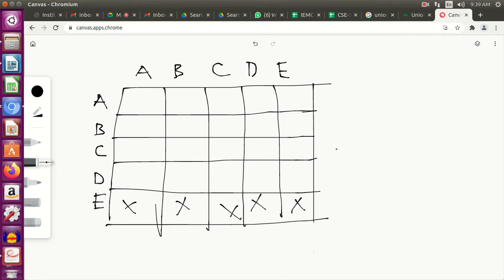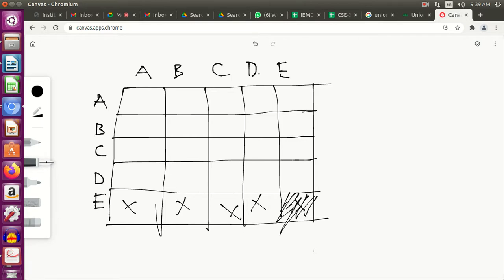How to disable them? We actually start from the lowermost row and see the combinations that we get. This cell is for AE, this is for BE, this is for CE, this is for DE. This one is blank, you don't have to consider it because it's a repetition of the same thing.